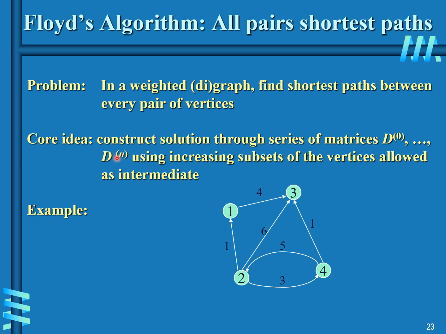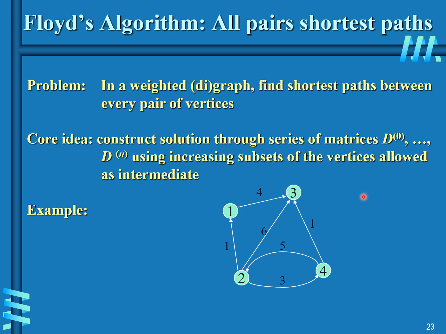The core idea behind Floyd's algorithm is to construct a solution through a series of matrices, D0 to Dn, using increasing subsets of vertices allowed as intermediate. First you construct the distance matrix D0, which uses no intermediate vertices, so it indicates the direct path from vertex i to j.